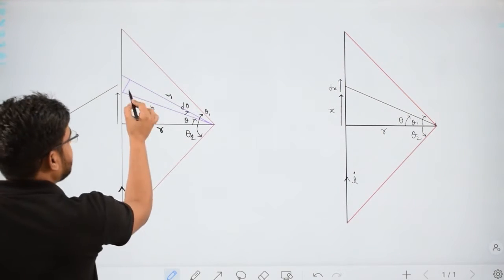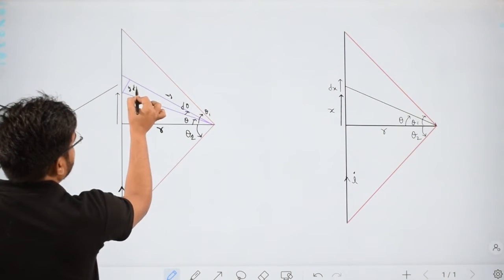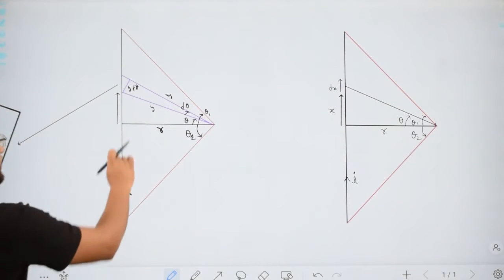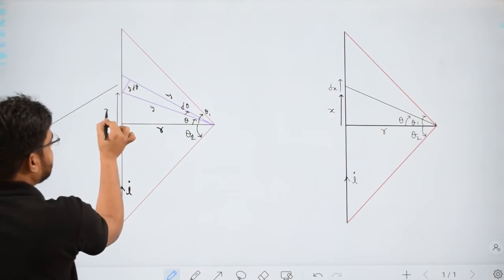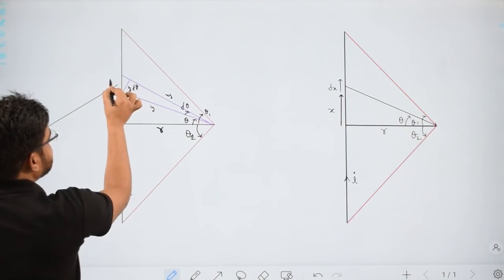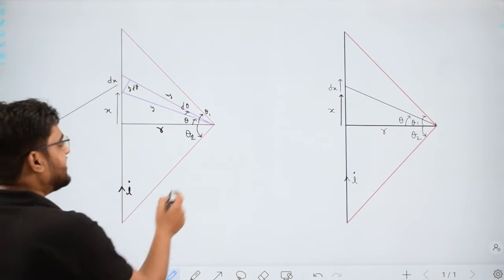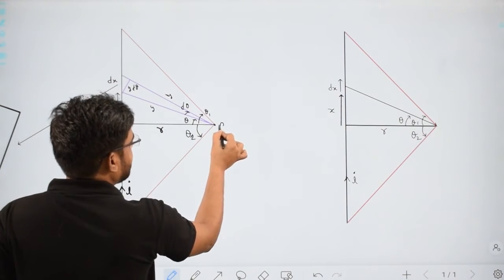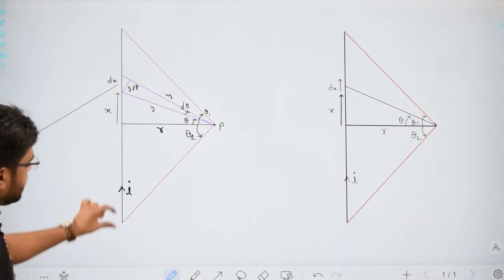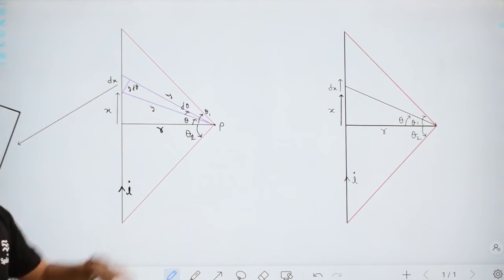So, distance is y, so this will be y d theta. Next, this distance over here is, let's say, x, and this element has a width of dx. Due to this element, I am going to find the magnetic field at this point P, and then I am going to integrate such pieces to get the entire magnetic field.